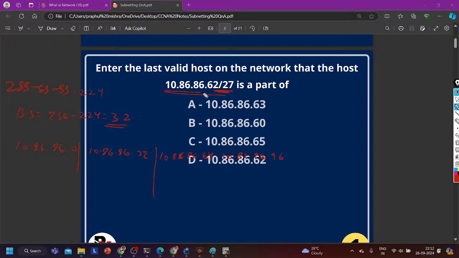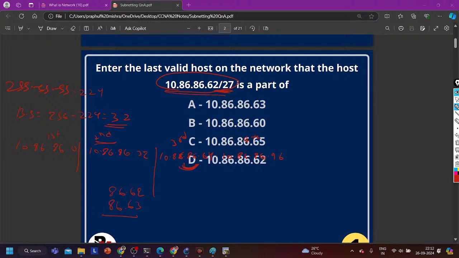Now you tell me, this IP address is a part of which network? The first network, second network, third network or fourth network? Second network, right? So tell me the last IP address of the second network. 63, 86.63, right? And the last valid IP address will be, this is the broadcast ID, 62. 86.62. So which one is the right answer? Option D.